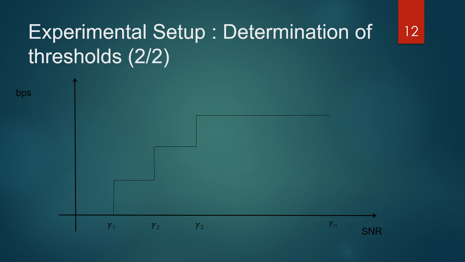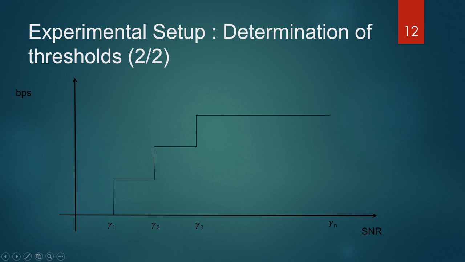So basically these are the gamma values or the SNR values. If your received signal SNR is lesser than gamma 1, then there is no point in transmission because you would be receiving erroneous data. If the SNR is between gamma 1 and gamma 2, then a BPSK scheme could be employed.